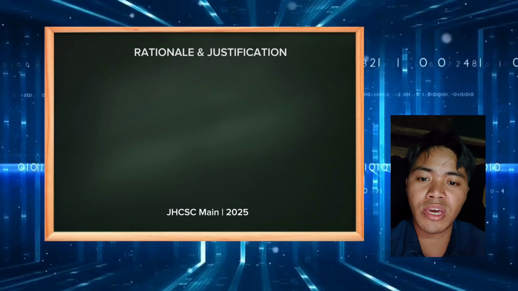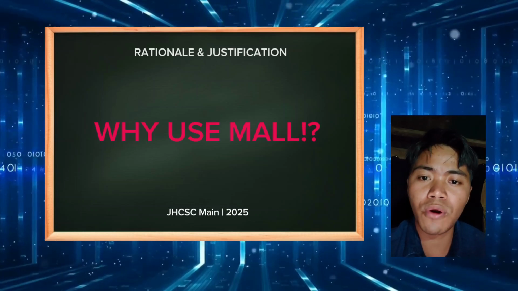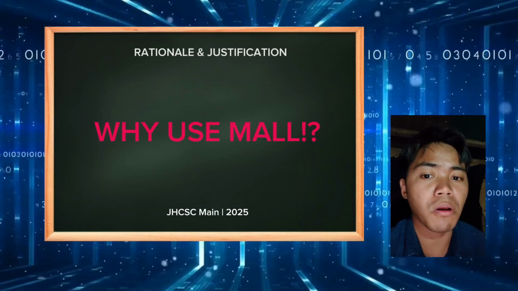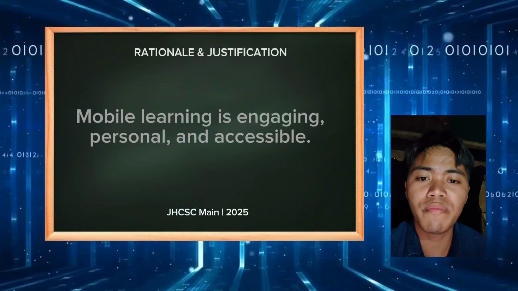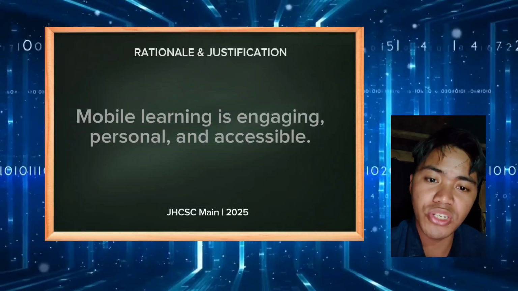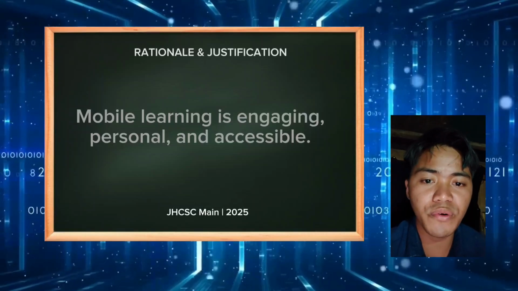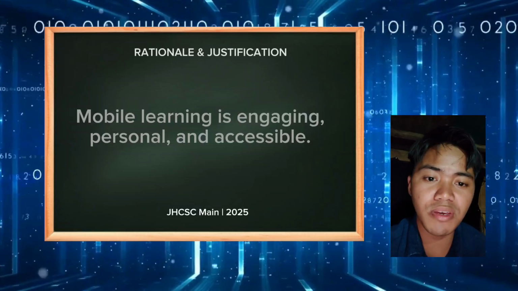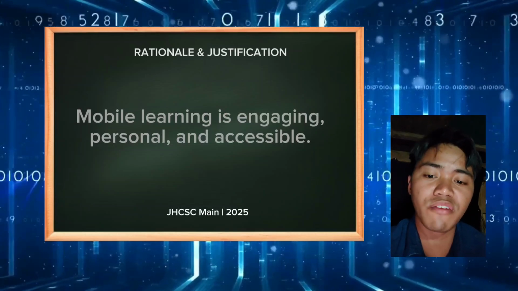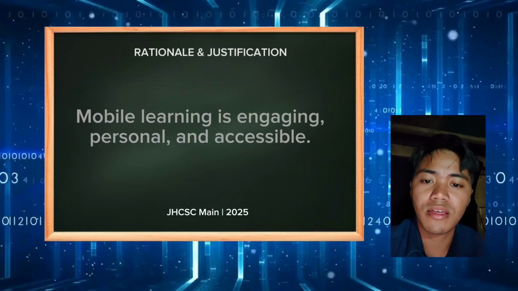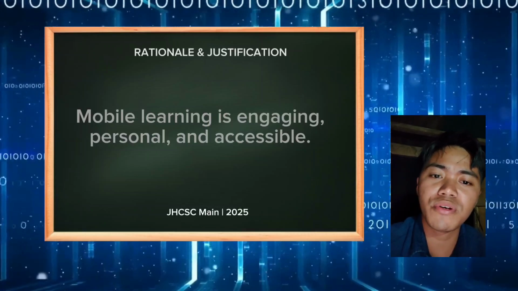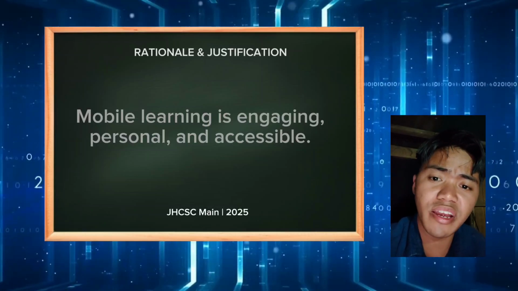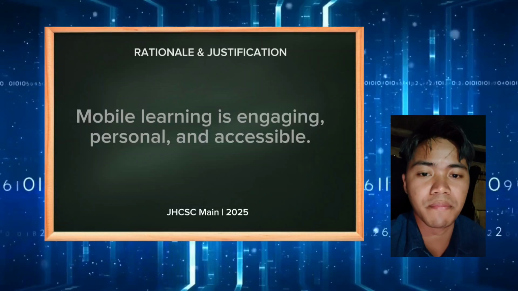Rationale and justification. So, why use MALL? Mobile learning is engaging, personal, and accessible. For grade 8 students who already use phones every day, it makes learning feel natural and relevant. This unit empowers students to practice English anywhere, anytime.